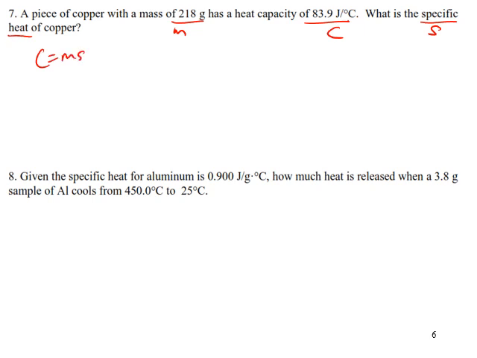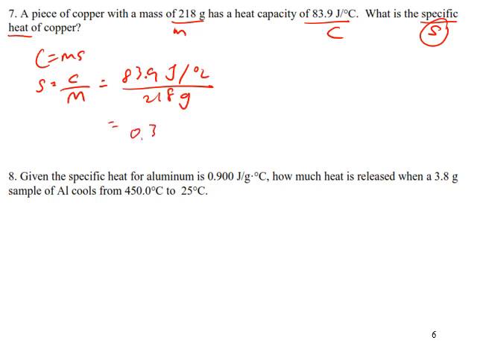C equal to ms, so we are interested to find out the s equal to C over m. So 83.9 joule per degree Celsius over 218 grams. So calculate, you will get 0.385 joule per gram degree Celsius.